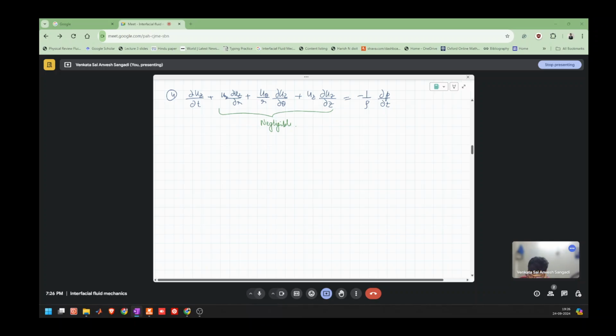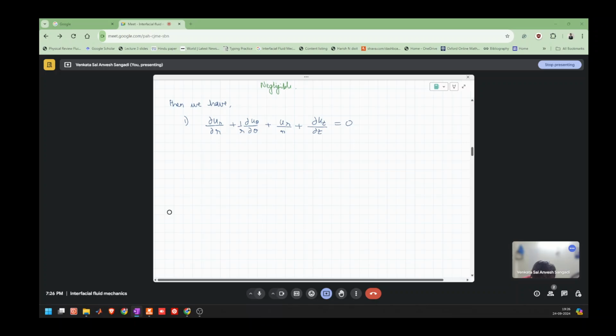So we then have the first equation: del u r by del r plus 1 by r del u theta by del theta plus u r by r plus del u z by del z equal to 0, which remains as it is.